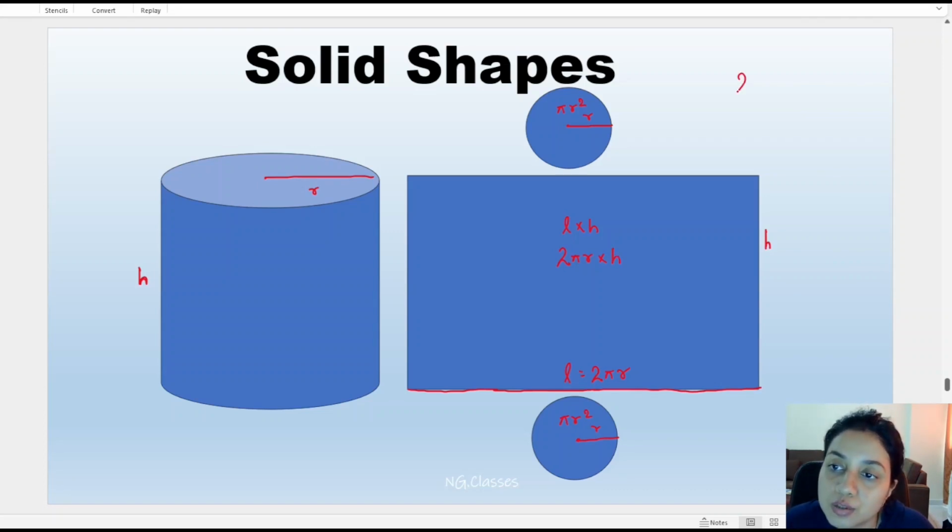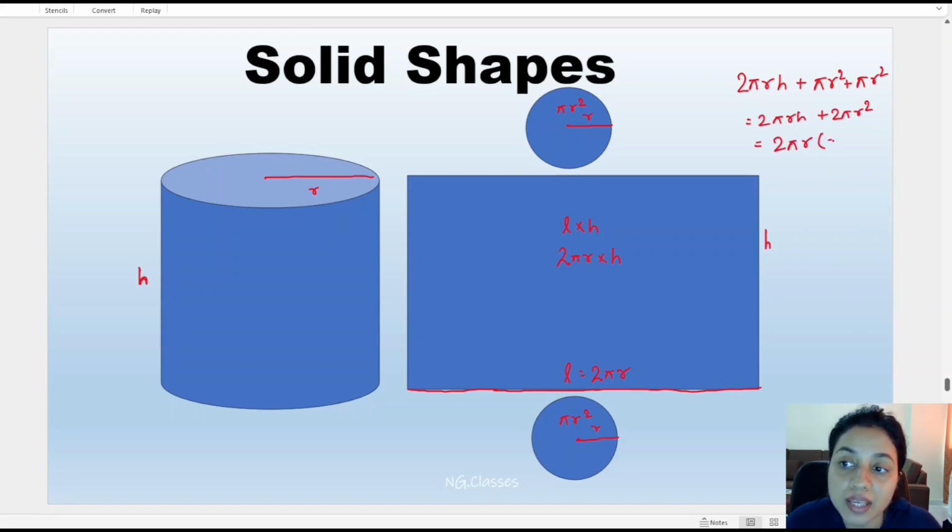So 2 pi rh plus pi r square plus pi r square, and that will give 2 pi rh plus 2 pi r square, which can also be written as 2 pi r (r plus h). And this is the formula for the total surface area of the cylinder.